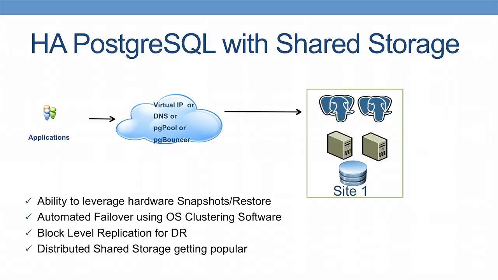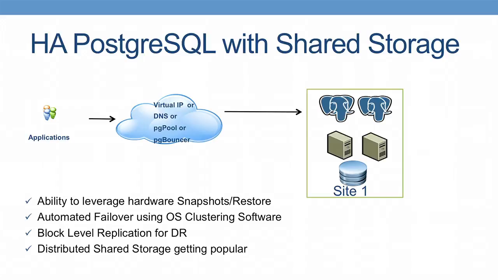If you fail, you can automatically orchestrate mounting the volume on the other side, start the container, and it picks up right from that point. So that's one way of doing HA that still works. It has its own pains, and because shared storage by nature is very expensive, most people would not go directly for that, but if you have it, it's still a valid way of using containers for a high availability story.